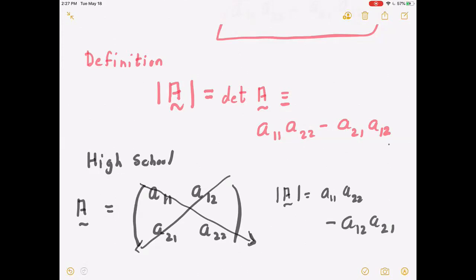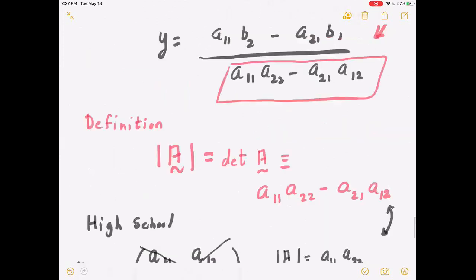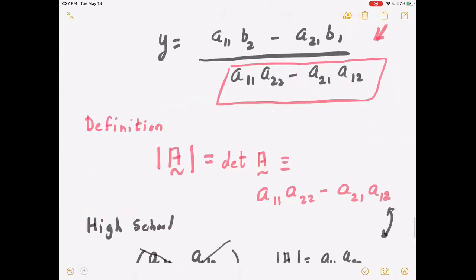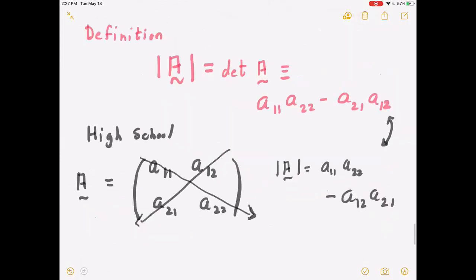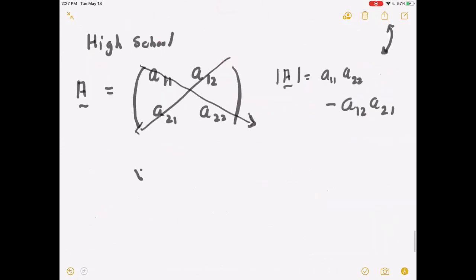So it's curious that this definition that we came across to simplify our solutions to x and y is actually something that you can get by using this high school rule when you apply it to a 2 by 2 matrix. So we've discovered that x looks like, in the numerator, again, a sub 2, 2, b sub 1 minus a sub 1, 2 times b sub 2.